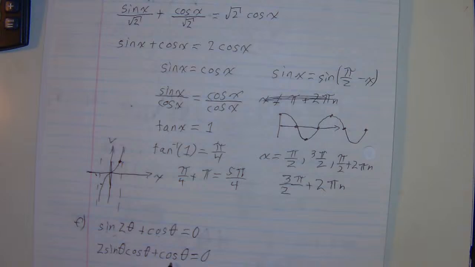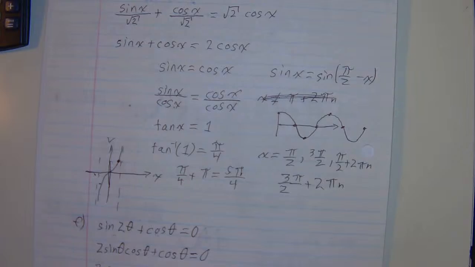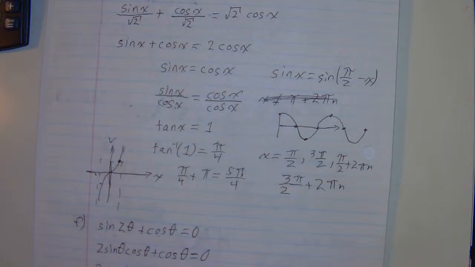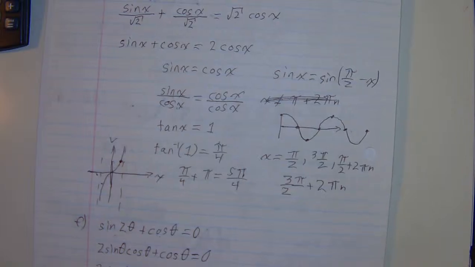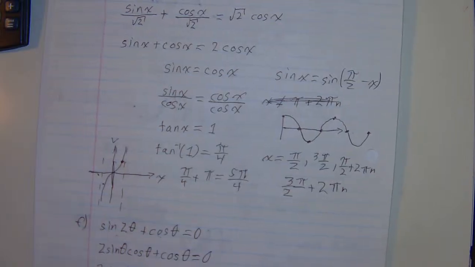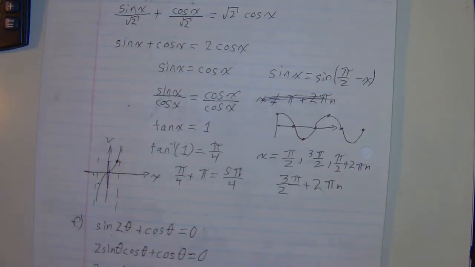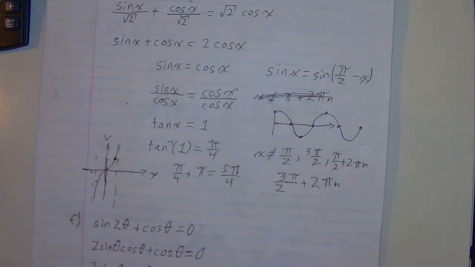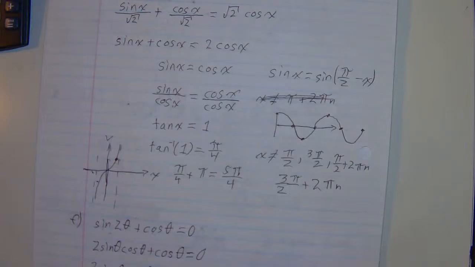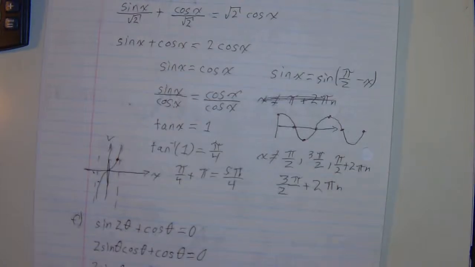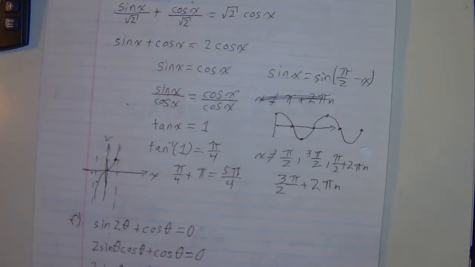And so from here, how can we deal with this? Well, we can move the cos theta to the other side. Negative cos theta. And then divide both sides by cos theta. And of course, in order to do that, we have to ensure that cos theta is not 0. So x cannot be equal to pi by 2 or 3 pi by 2 or any multiple of those.